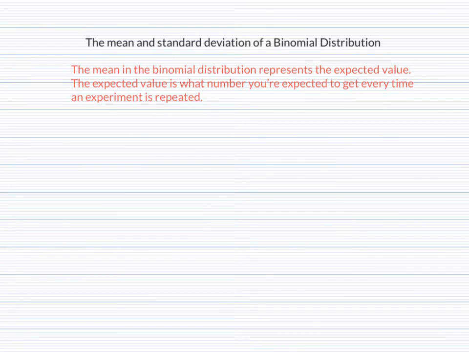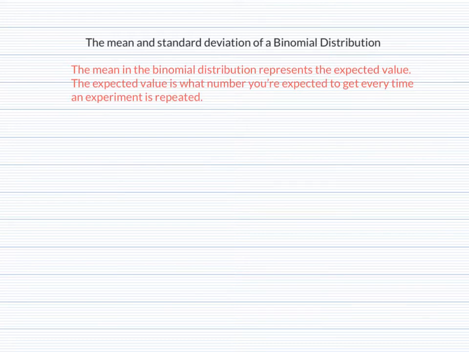The expected value is what number you're expected to get every time an experiment is repeated. Some examples are when you play the lottery: how much are you expected to win every time you play? Or when you're rolling a die and trying to find the number of 4s with 3 experiments, how many 4s you're expected to get every time you repeat the experiment.